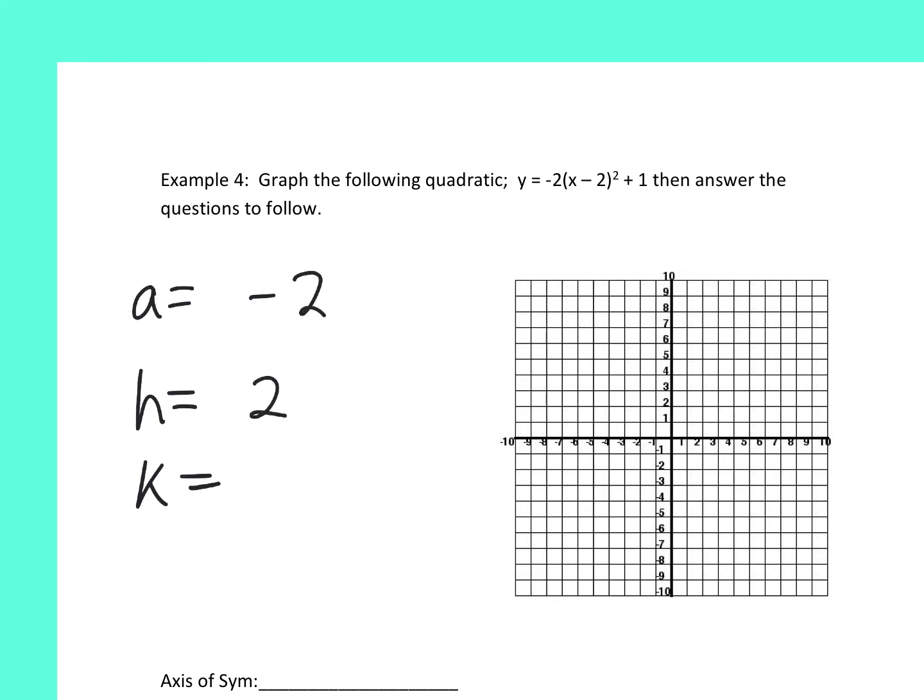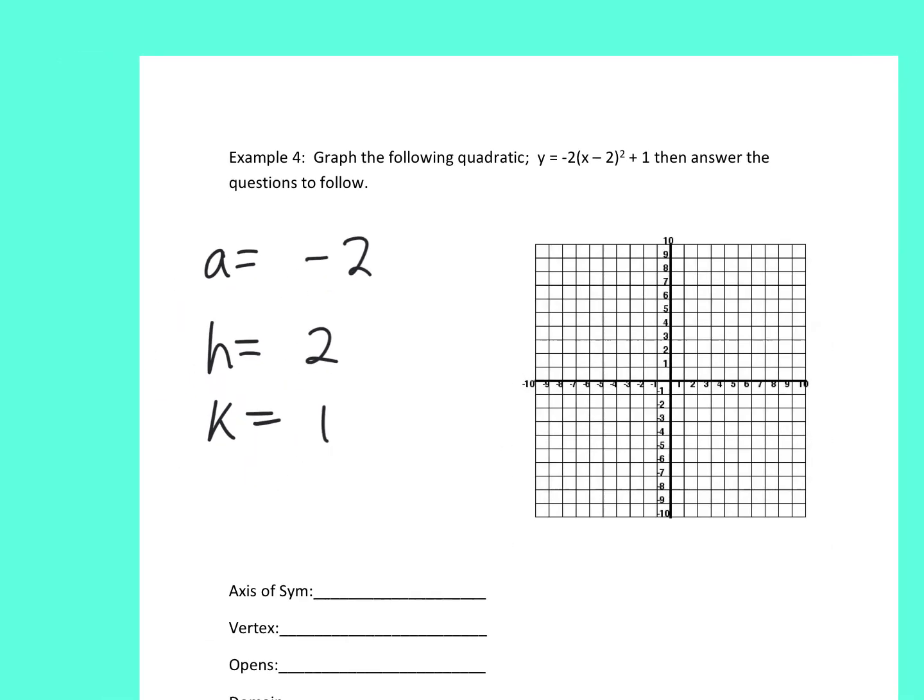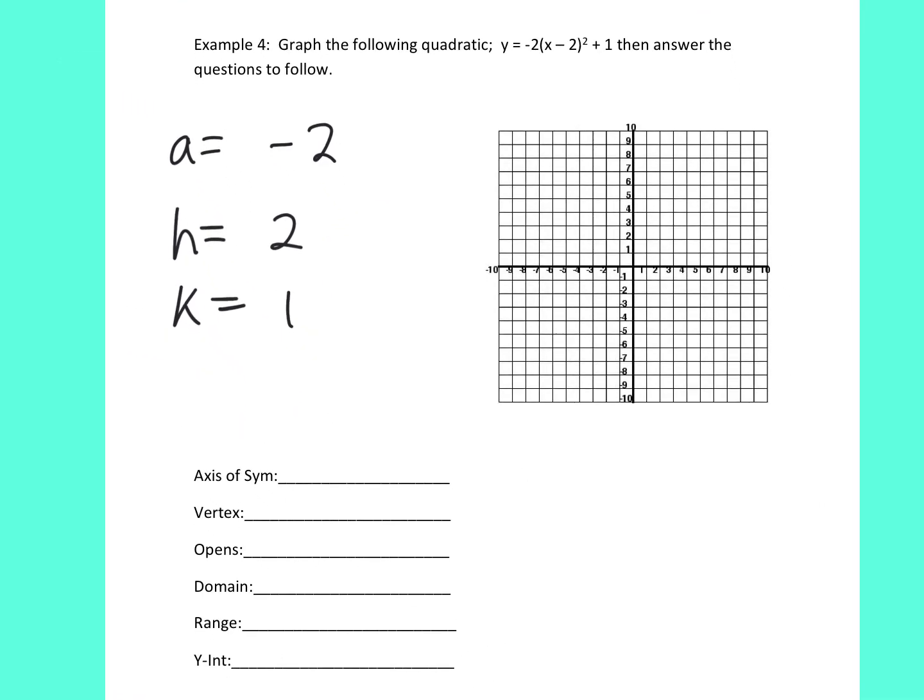Okay. K? 1. Axis of symmetry. X is 2. It's always H. Vertex? 2, 1. Opening up or down? Down. The A is negative. Domain? Negative infinity, positive infinity. Perfect.